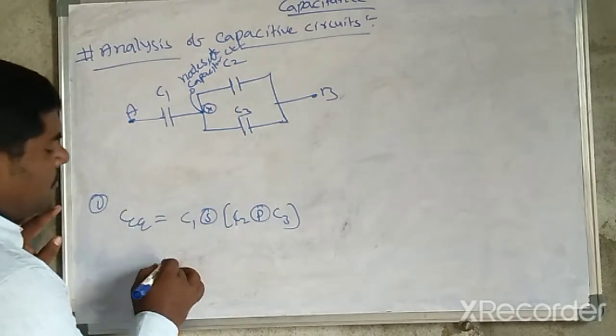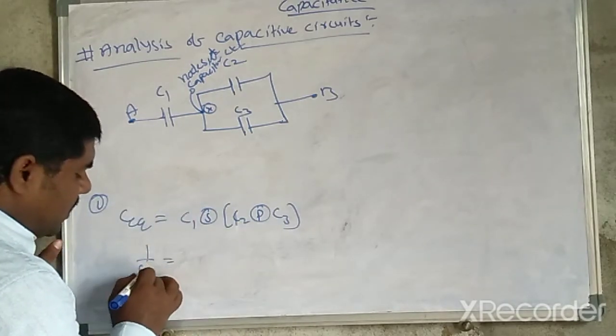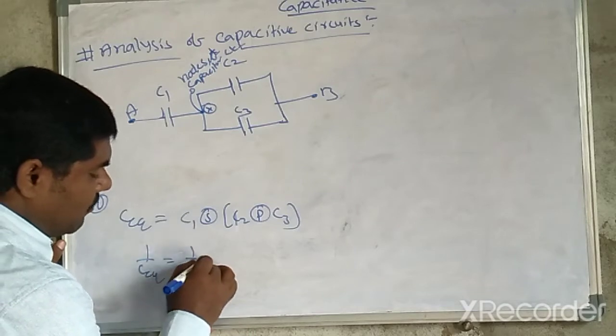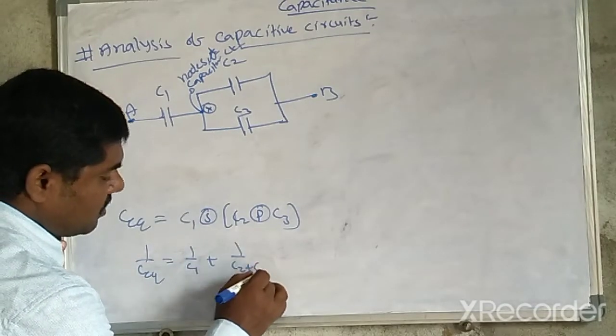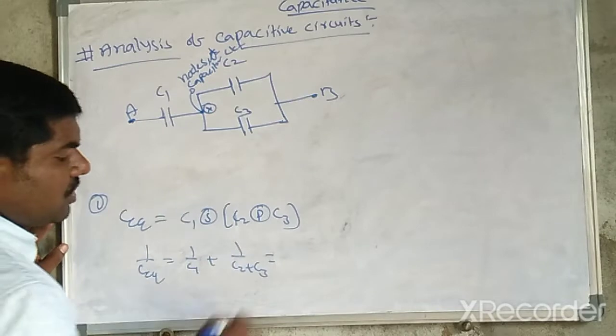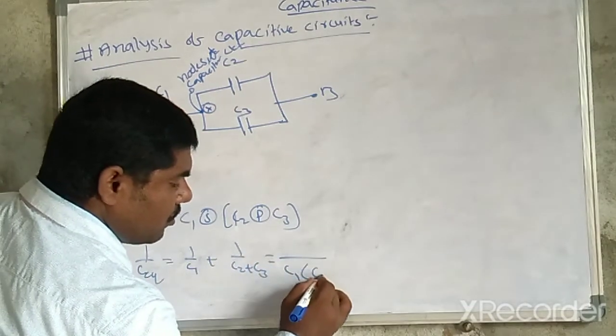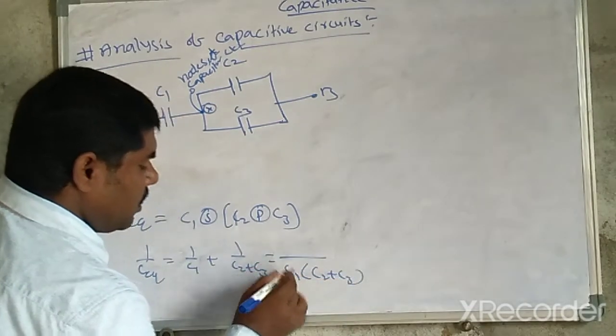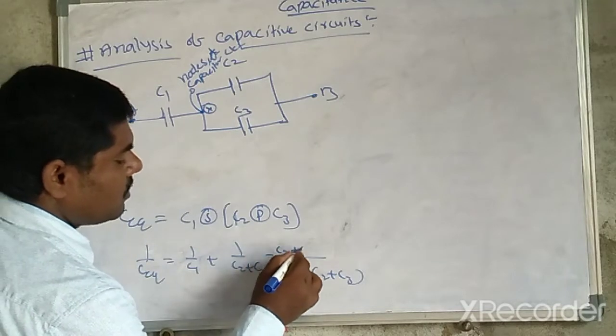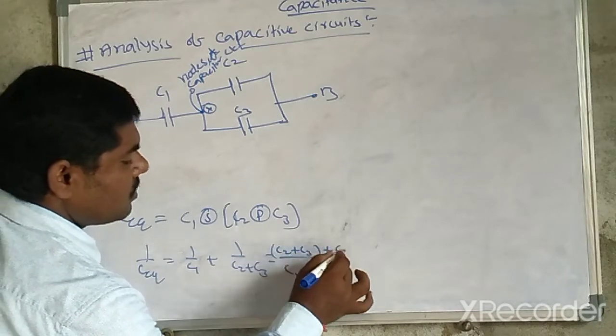So here 1 by C equivalent is equal to 1 by C1 plus 1 by C2 plus C3. Taking the LCM, C1 into C2 plus C3, we get C2 plus C3 plus C1.